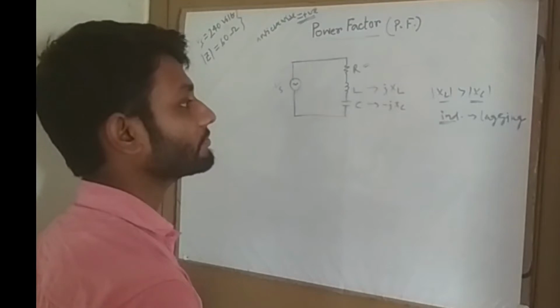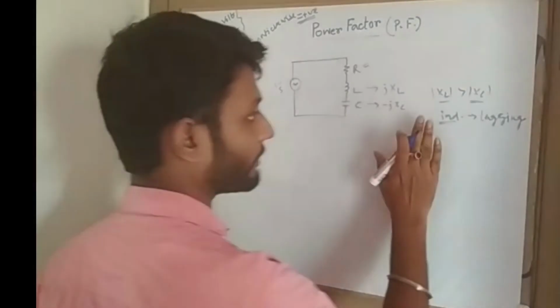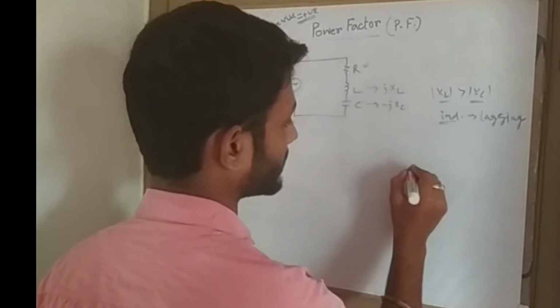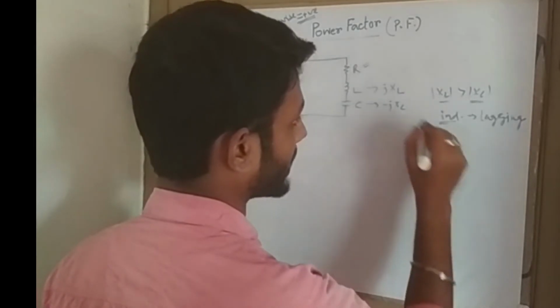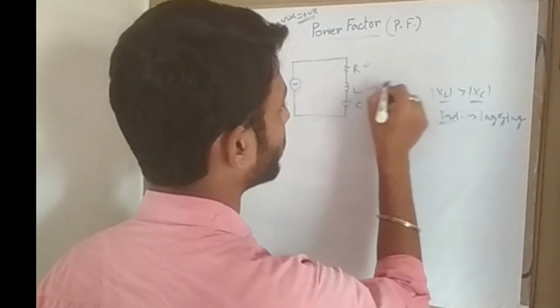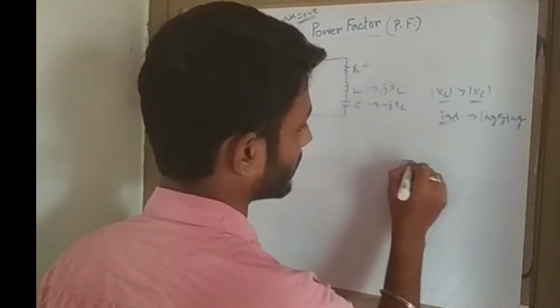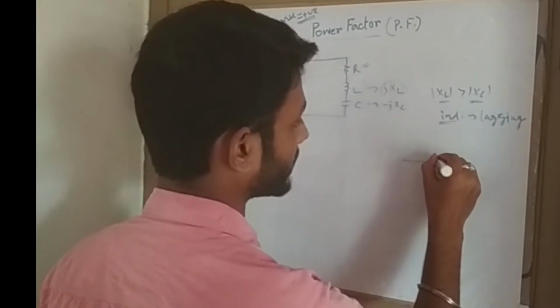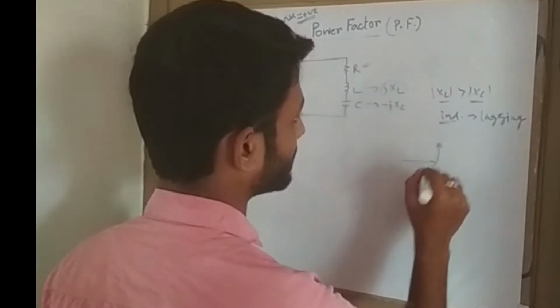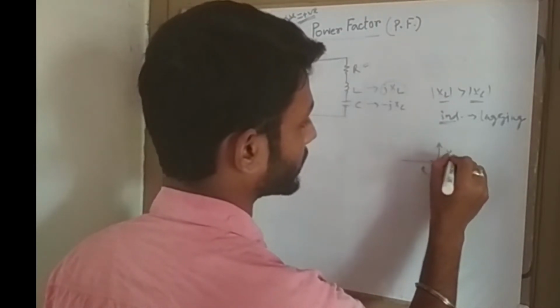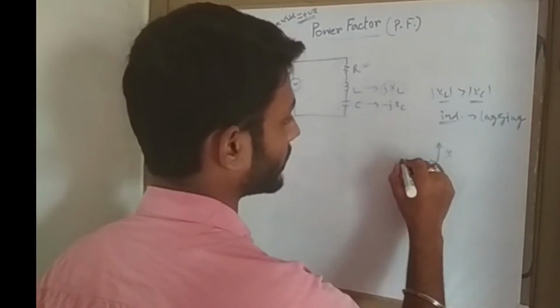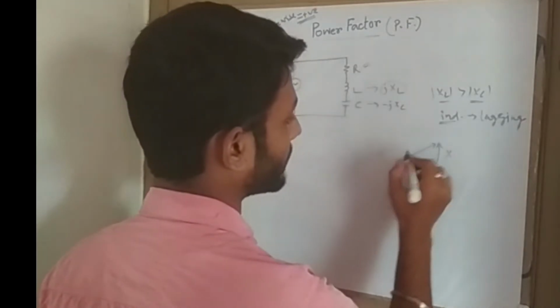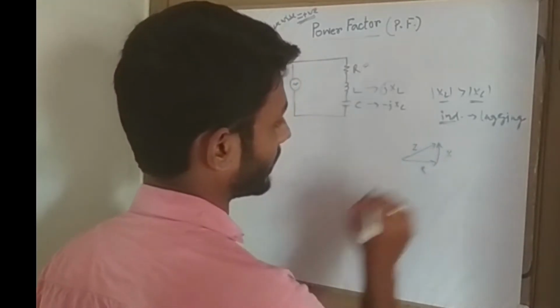Okay, and for this case, as jXL part is up, we will draw R as a reference, and for jXL it will come upside, that is the overall X value, and the vector sum is the Z value.